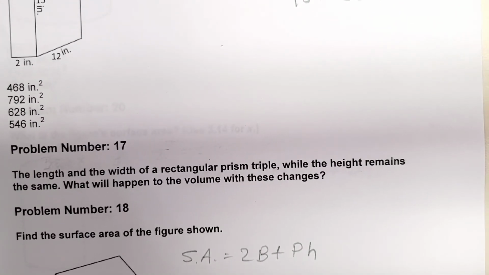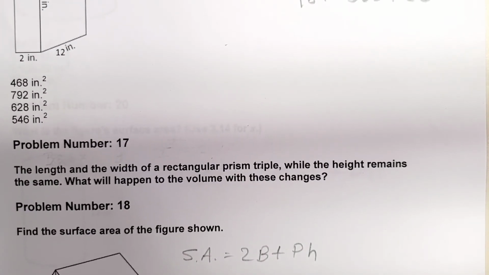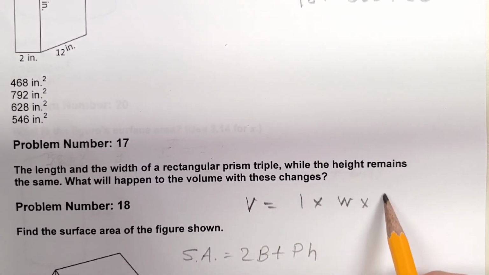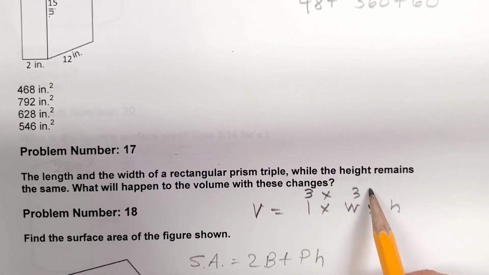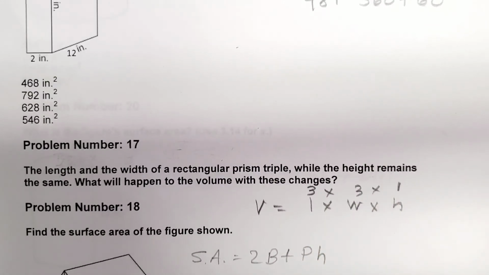The length and the width of a rectangular prism triple while the height remains the same. What will happen to the volume with these changes? Okay, remember, volume equals length times width times height. The length and the width triple. So it's 3 times 3 times just 1. This doesn't change.